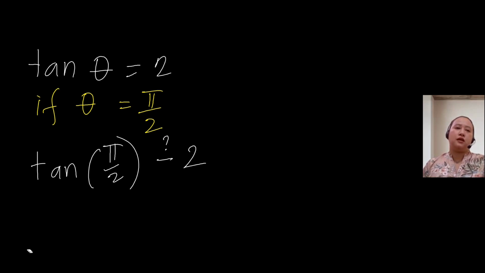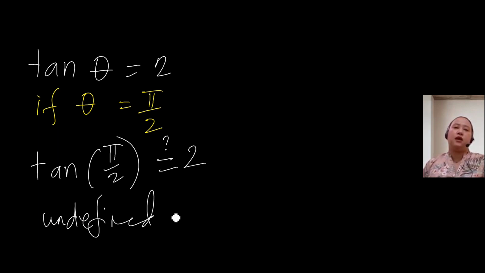So I'll just correct this. The tangent of pi over 2 in your calcu is a math error. If it is a math error, it means that this is undefined. Of course, if it is an error, it is not 2.